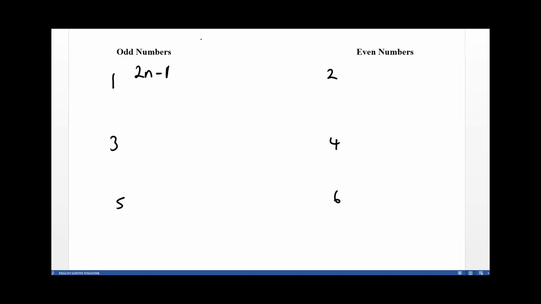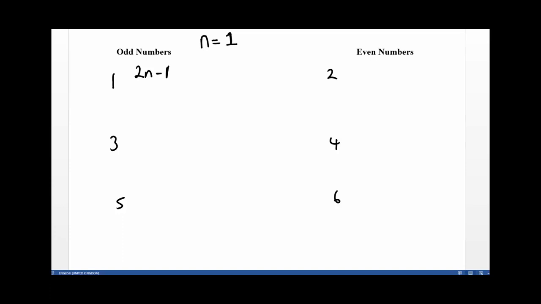This is when n is equal to 1. I'm saying the first term in this sequence here that I've made, 1, 2, 3, 4, 5, 6, the first term written algebraically is 2n minus 1 when n is 1.